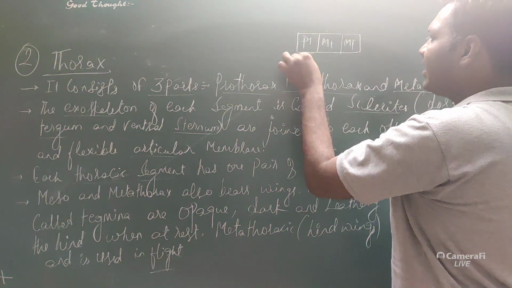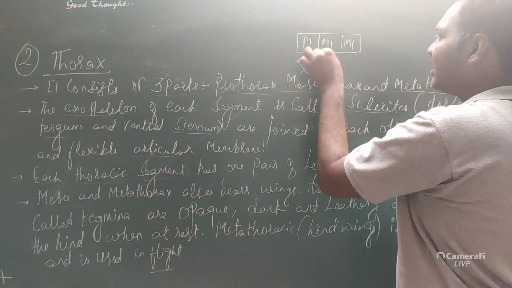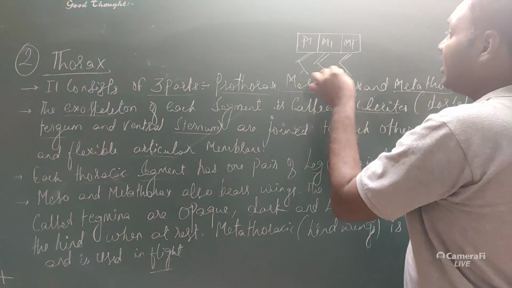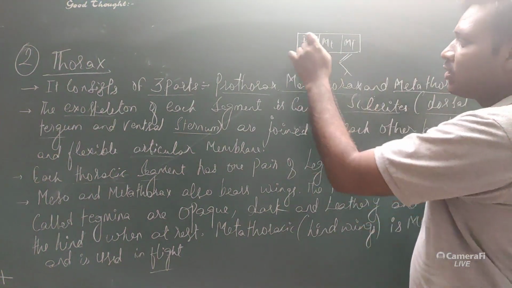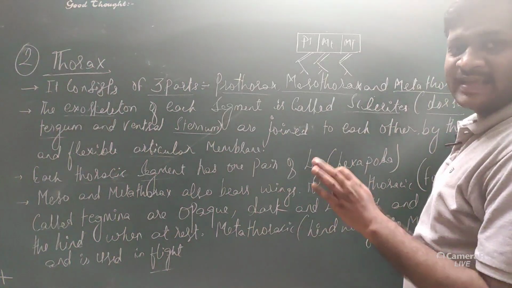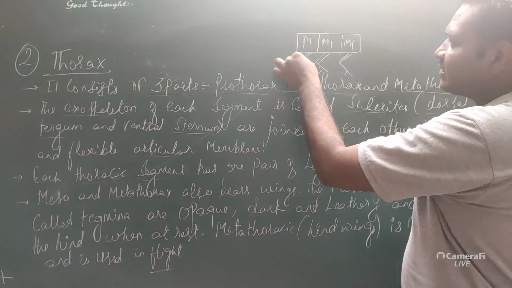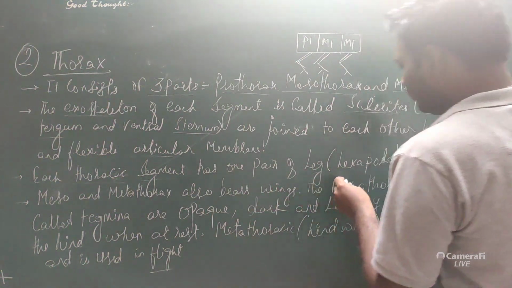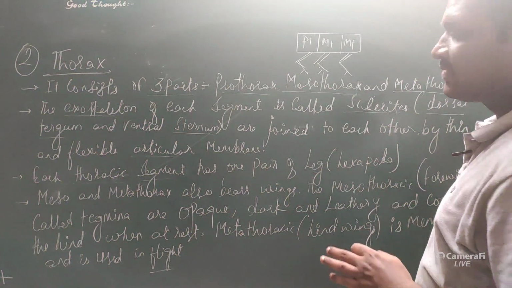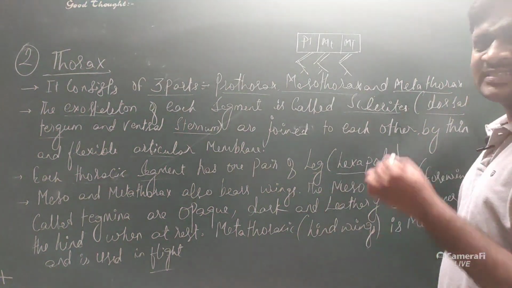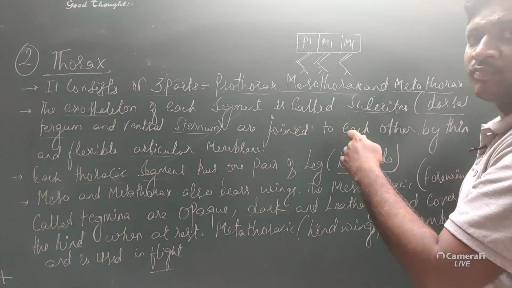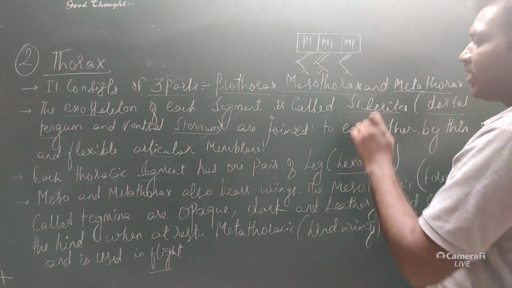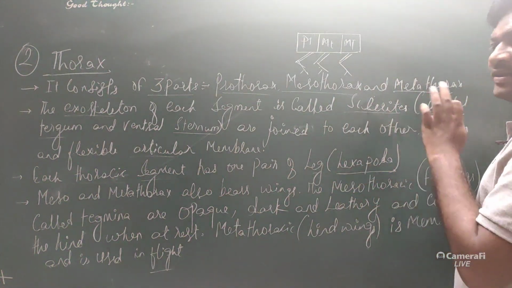Suppose there is a leg here; another leg will be here, and a third one here, present in pairs. So in total 6 legs are seen, on either side. One pair of legs on each thoracic segment is called hexapoda. Hexa means 6, so they have 6 legs. Arthropoda: arthros means jointed and poda means legs. So here hexa means 6 and poda means legs.